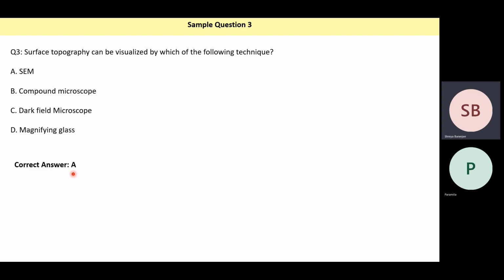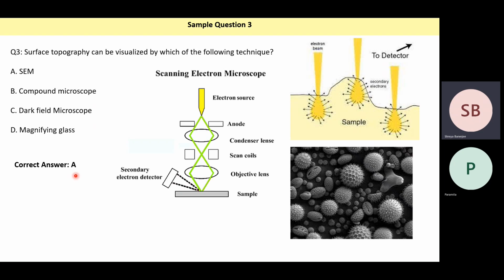So the correct answer is scanning electron microscope, or SEM. If you remember, the concept of the scanning electron microscope is that the electron beam is generated and condensed by different lenses onto the sample. So it does not penetrate through the sample. It strikes the surface of the sample and bounces off to the detector.